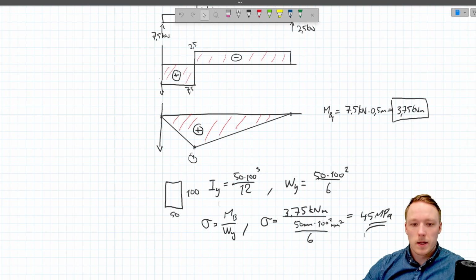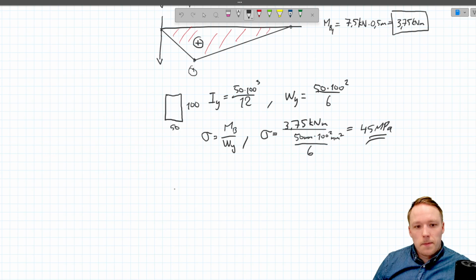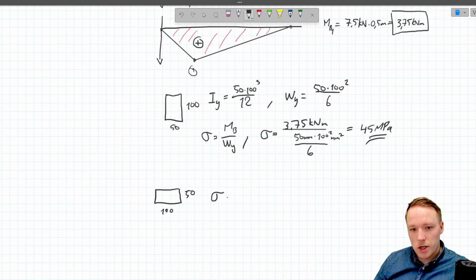Like that. In this task, we were also asked to calculate the bending stress if the beam was rotated 90 degrees, like so. So the height would be 50 and width would be 100. Well, we can easily calculate this with the same equation. We just have to recalculate the section modulus.